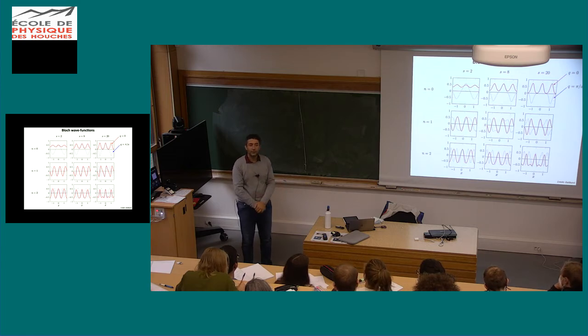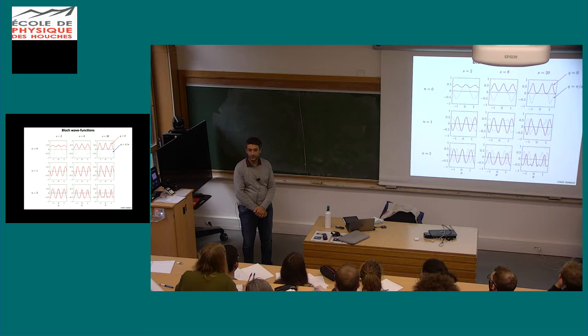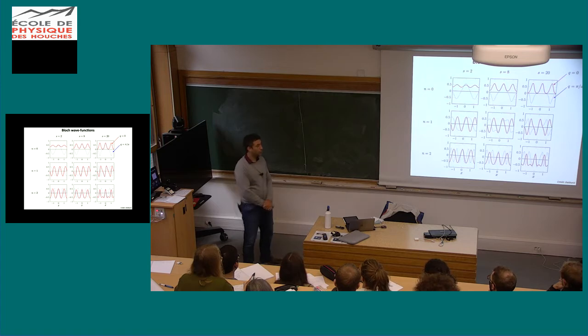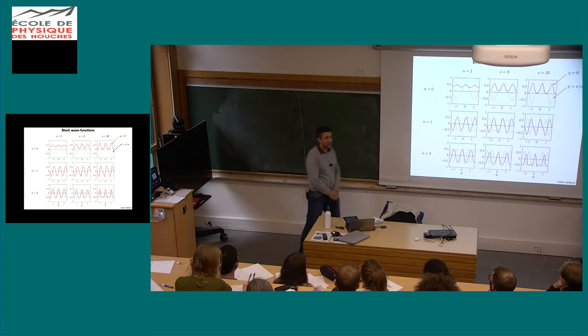According to you, what will be the typical time scale with which I need to compare how I increase the lattice amplitude? The size of the gap? Yes, it could be, but actually it's something even much simpler than that.